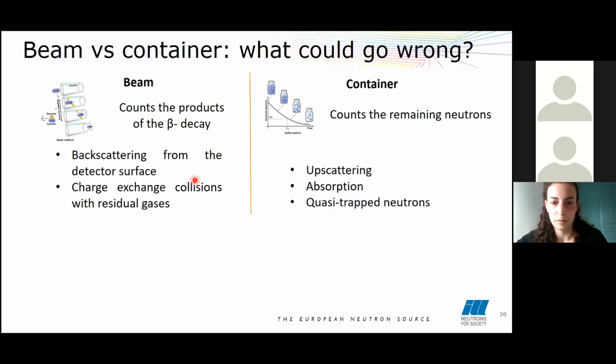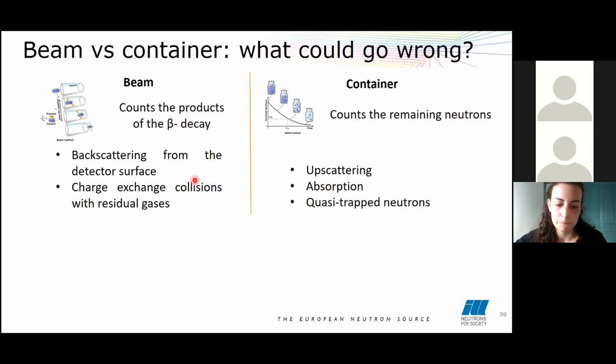For the container method, for example, for wall bottles, for material bottles, one problem is that total reflection cannot be fully achieved because of inelastic upscattering or absorption.